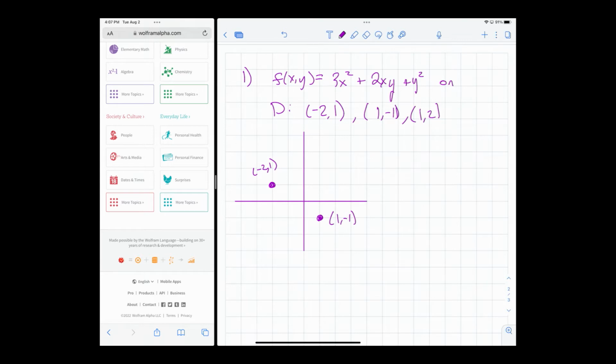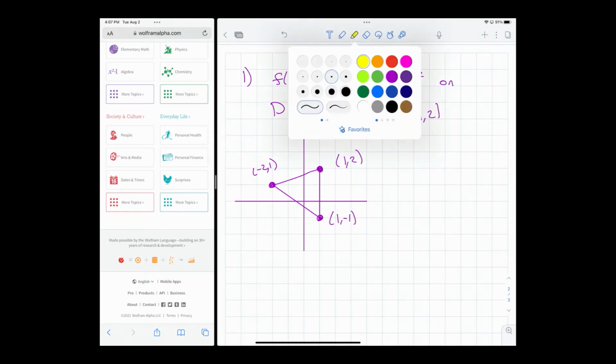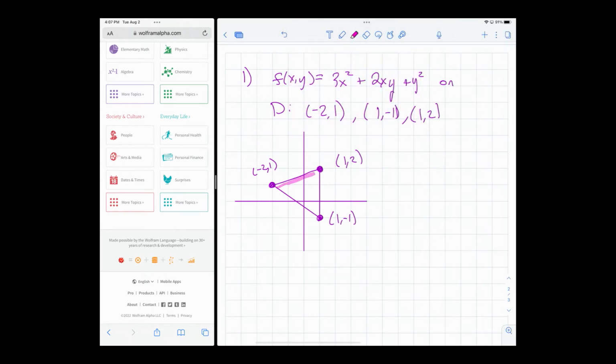And we have 1, 2, so let's put that there. So this triangle is going to be our domain. The inside of this triangle is going to be our domain.